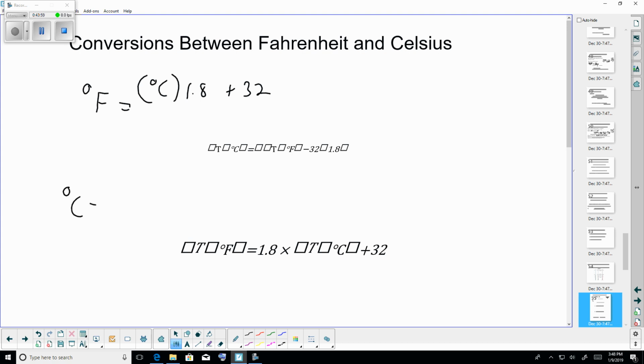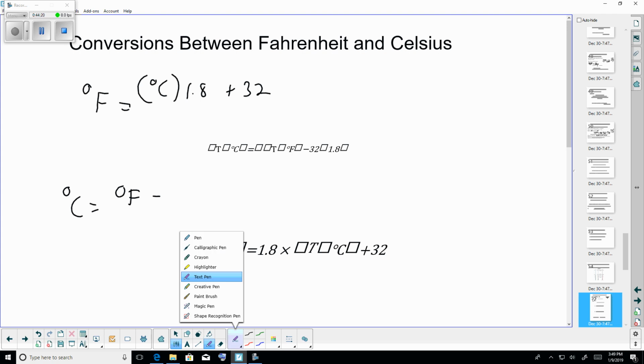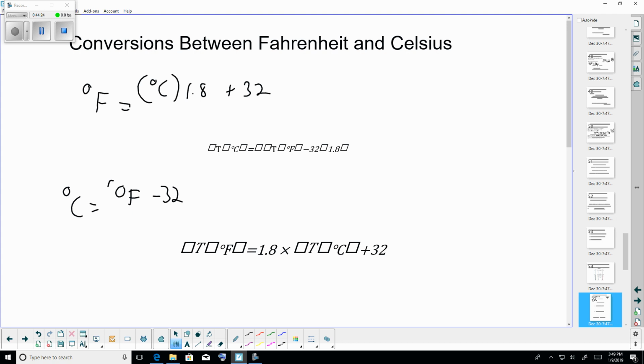Degrees Celsius is equal to degrees Fahrenheit minus 32, divided by 1.8.